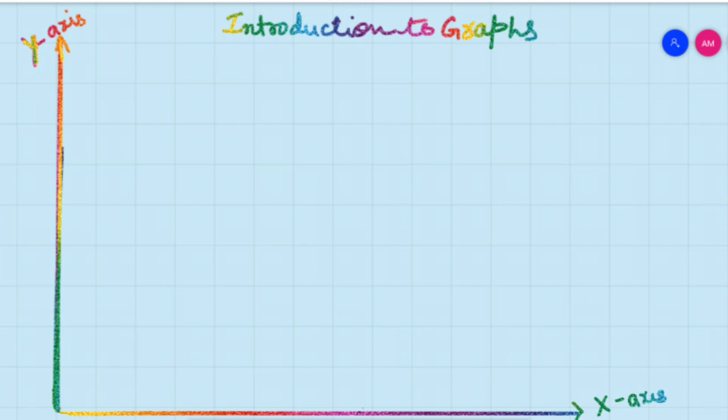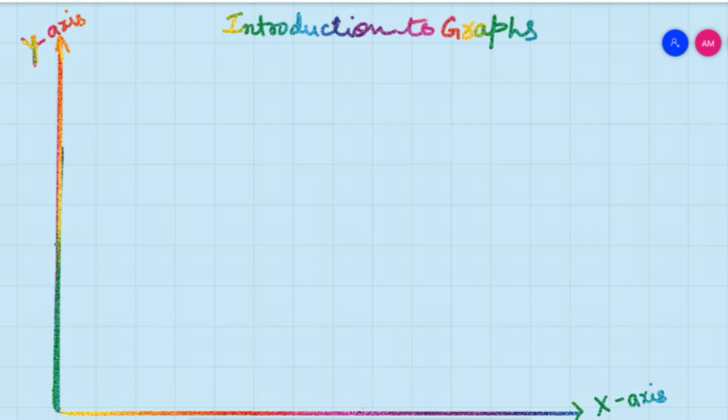So, when you know what is y, you can say that this is x, because you have two lines, this line and this line. These two lines are perpendicular to one another, and this straight line which is showing the length is known as the y-axis, and the base line is known as the x-axis.